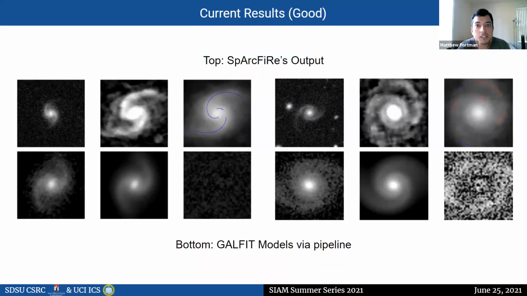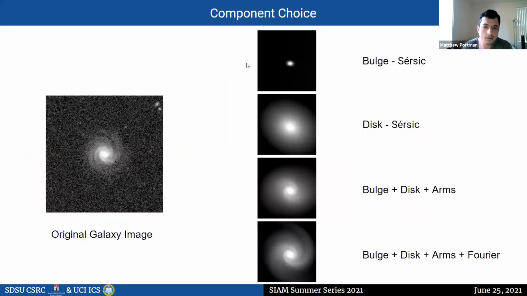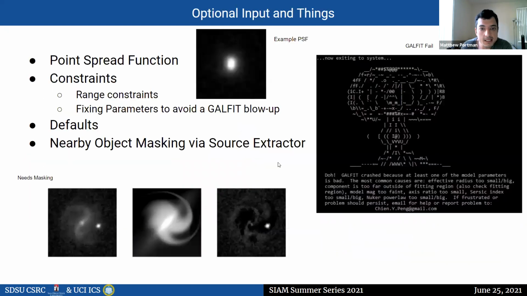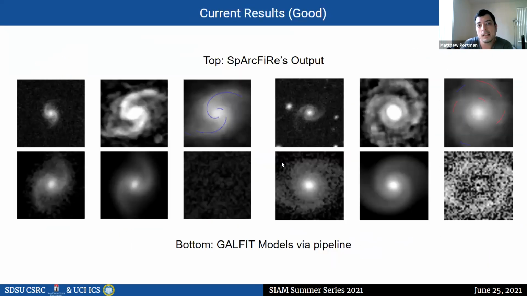It's not represented in the picture, but it does have a measure of the bar length, and I think it also has a measure of the bar rotation. It also indicates whether or not there is a bar. But as you said, it's not the most reliable aspect of SparkFire.